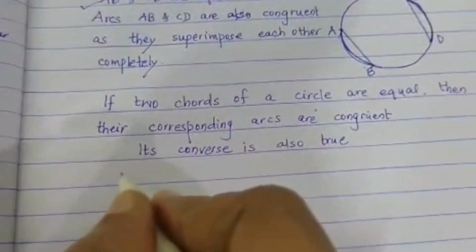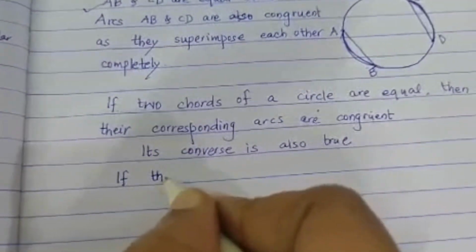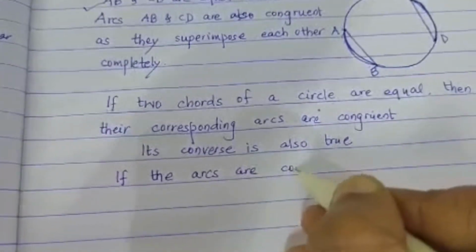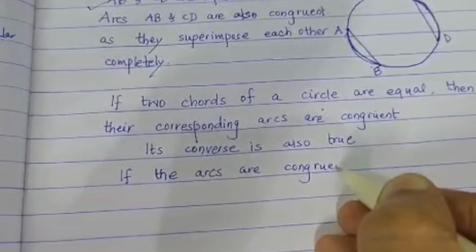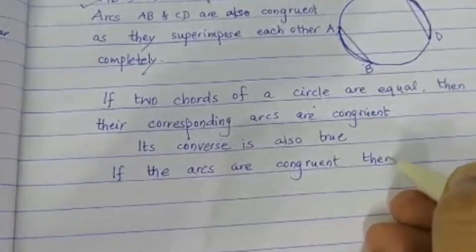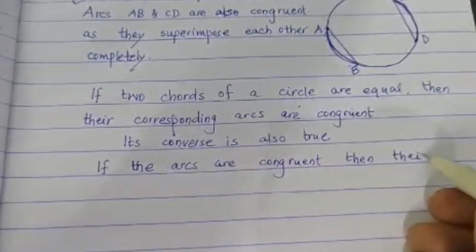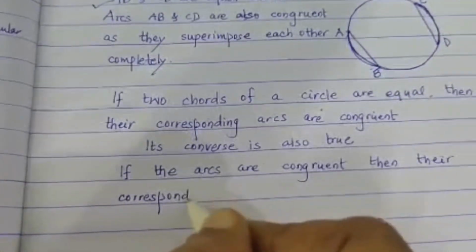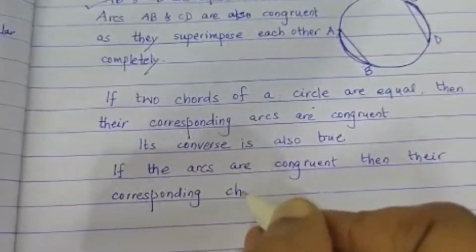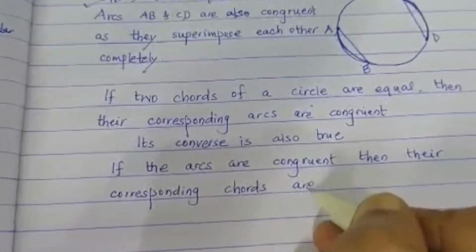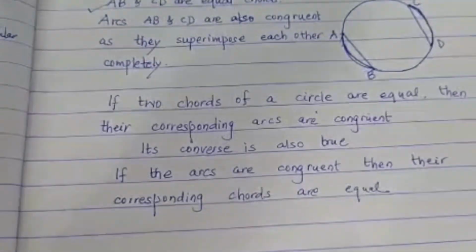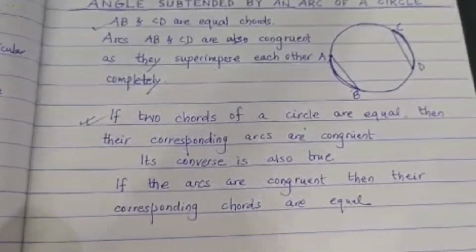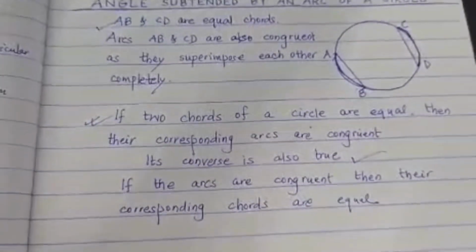Converse: if two arcs are congruent, then their corresponding chords are equal. So we have understood that if two chords of a circle are equal, then their corresponding arcs are congruent, and its converse is also true.